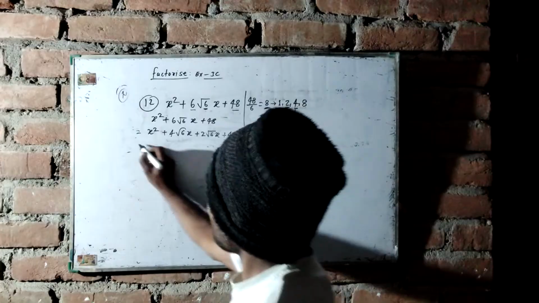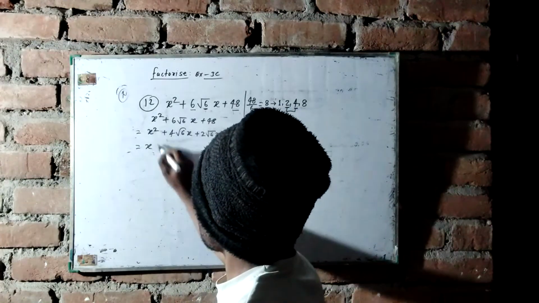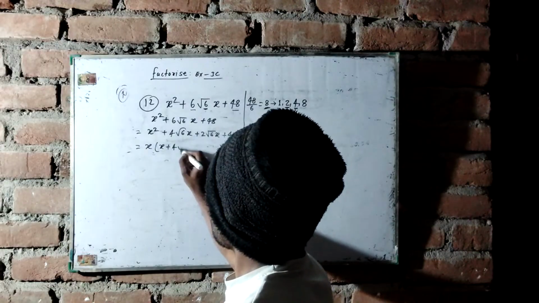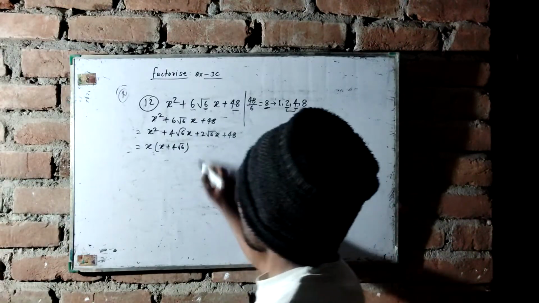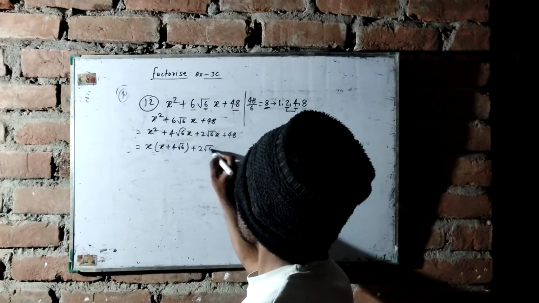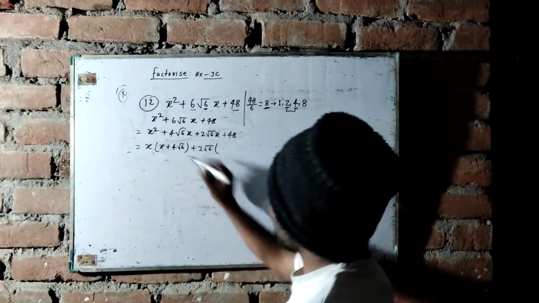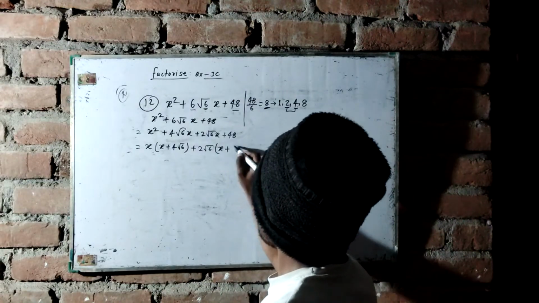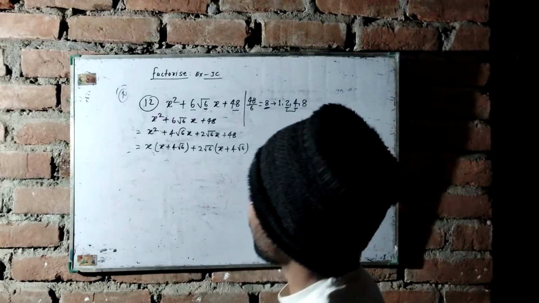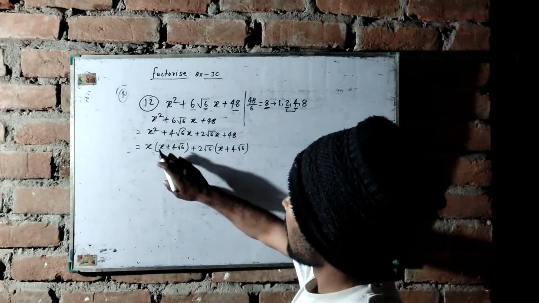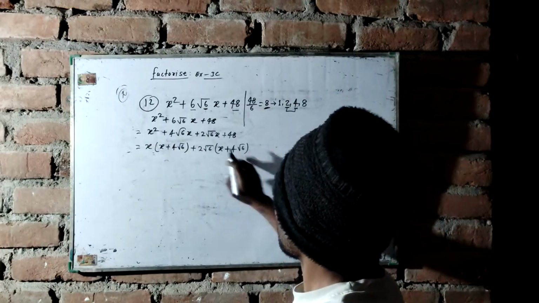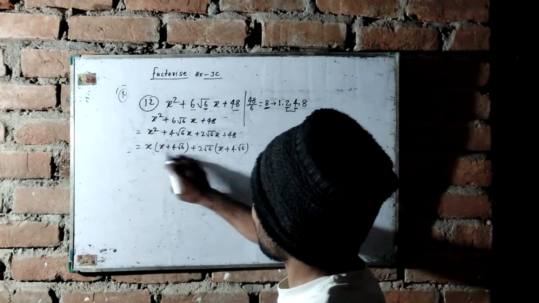Now we can take x as a common factor and we can write x plus 4 under root 6 as a multiple. Now we can take 2 under root 6 as a common factor and we can write x plus 4 under root 6 as a multiple. Now we can see clearly x plus 4 root 6 is present in both terms.